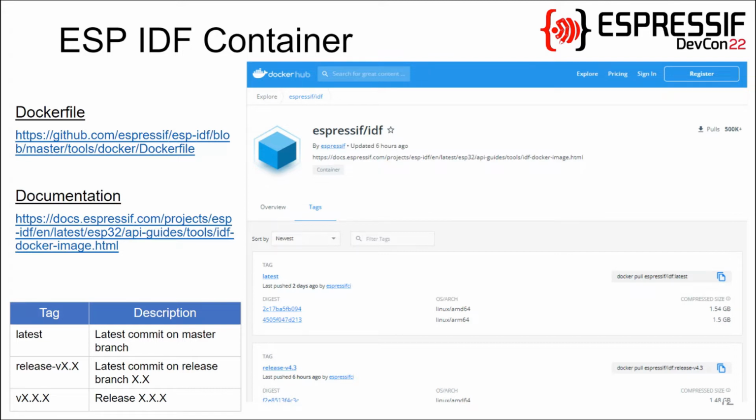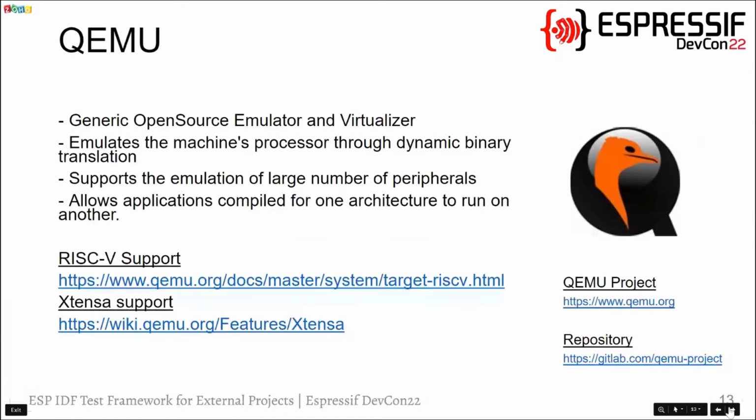But it doesn't include any additional tools related to testing. For instance, we don't have pytest-embedded, or QEMU installed inside the container. So this has to be done as an extra.